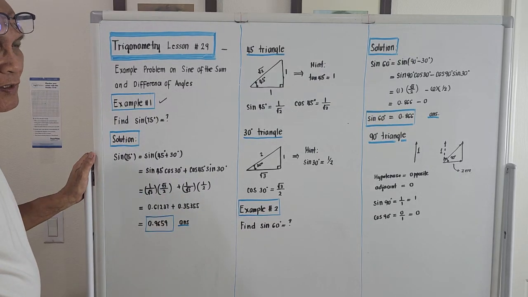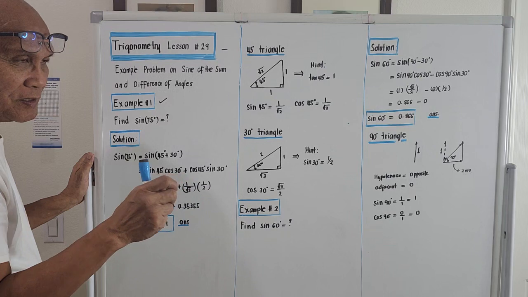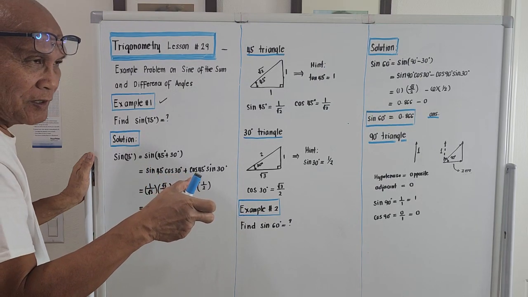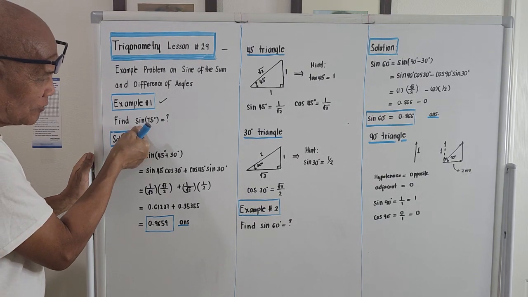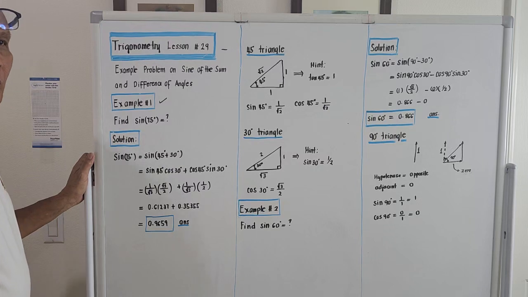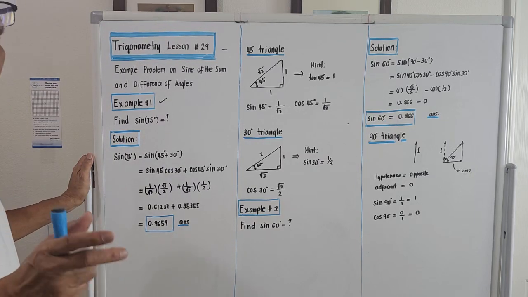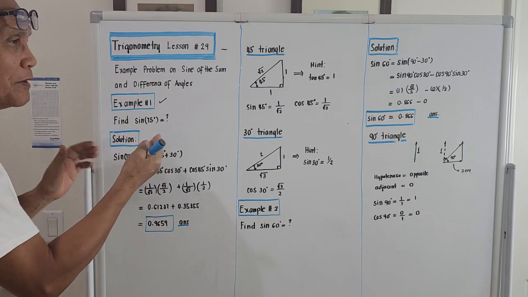It's an easy one. It's just an illustrative example applying the sine of a sum of two angles. That is, find the sine value of 75 degrees and what will it be equal to. So by using the concept of the derived equation the last time around, we'll try to solve this problem.